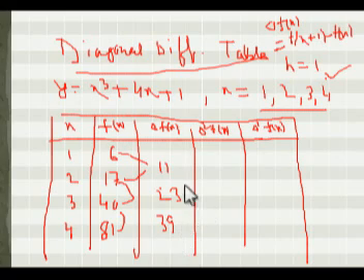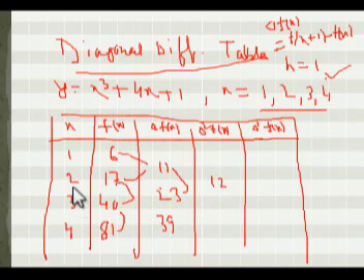Now in this way, we get the forward difference operator for f1. The second difference operator for f1 will be, if we subtract these two, the forward difference for 2 minus the forward difference for 1, so we get 12.